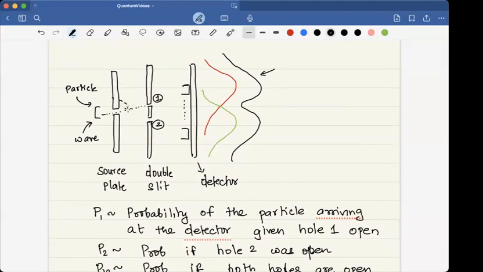So let me draw these wave fronts. The wave is coming out from the source hole. And then when it hits this double slit, it separates out into two waves. Hole 1 and hole 2 become new sources. So you have these two wave fronts over here.